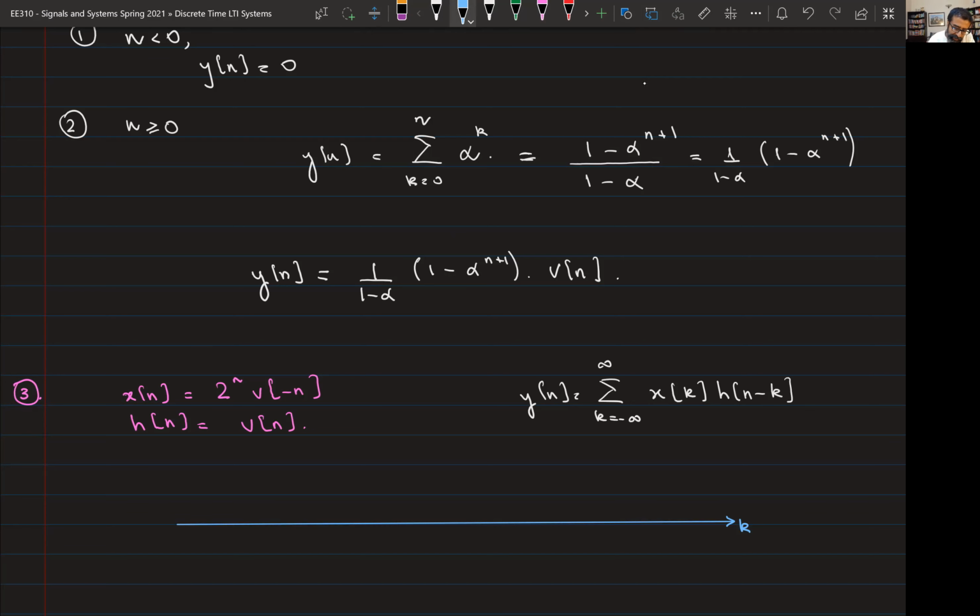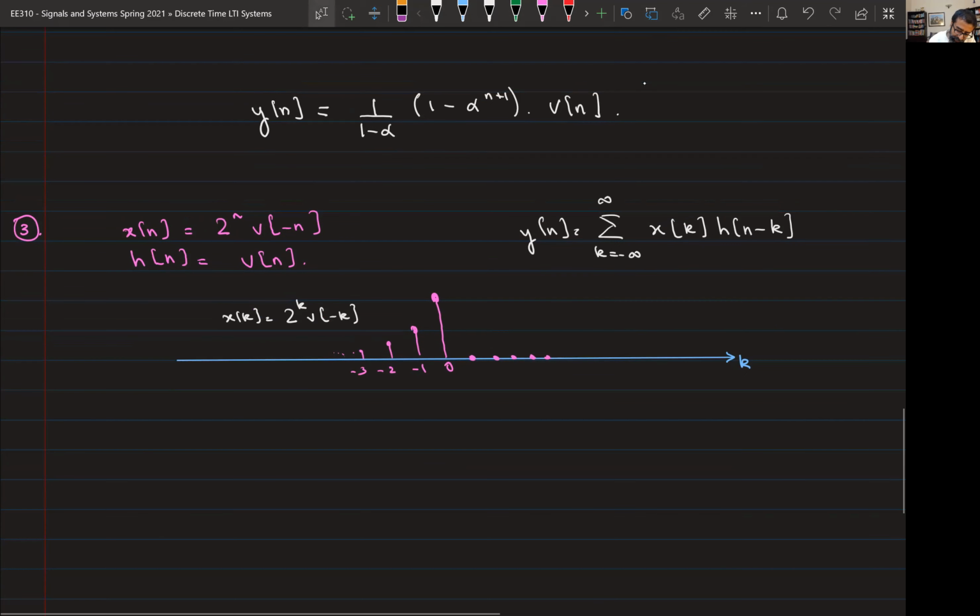So this would be 1 here, then half here, then 1/4 here, then 1/8 here, and so on. This is 0, this is -1, -2, -3, and so on. All of the other values are zeros. So this is x of k, which is 2 raised to power k u of minus k.